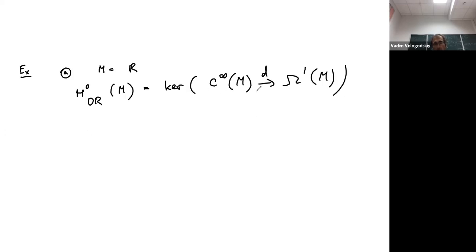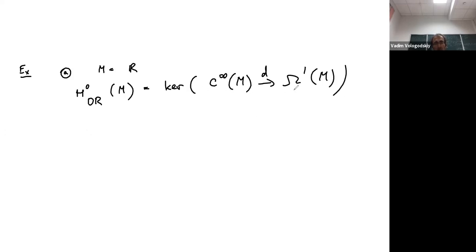This is the kernel of the map from functions to one forms. So I'm looking at functions whose differential is 0.